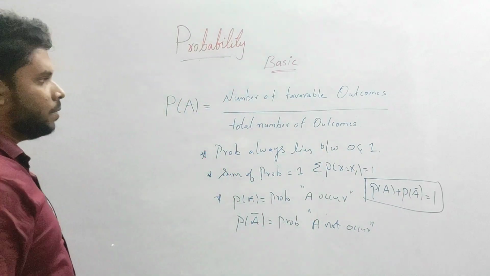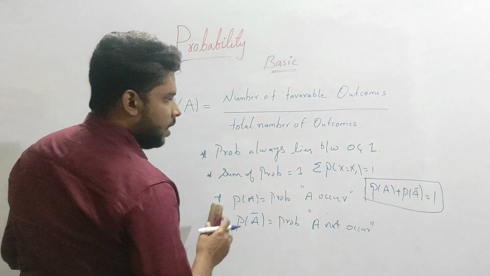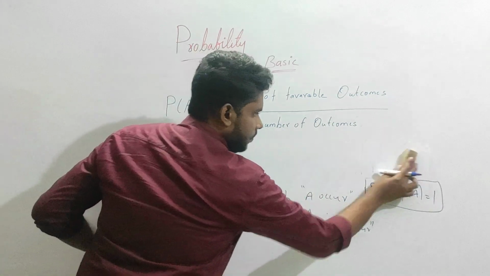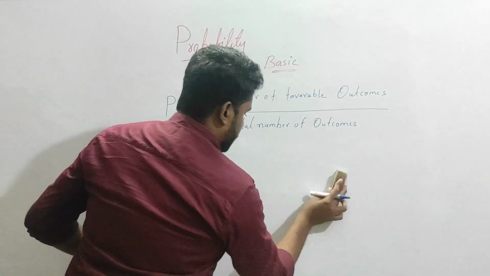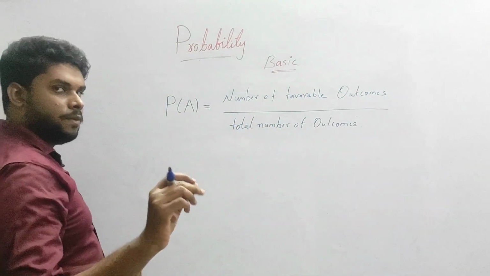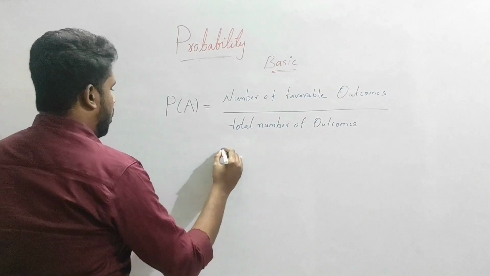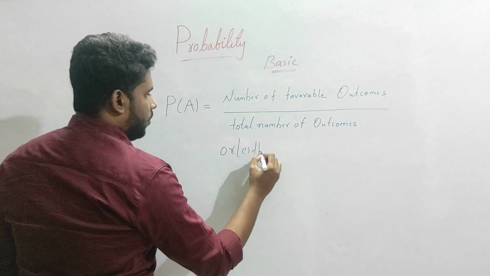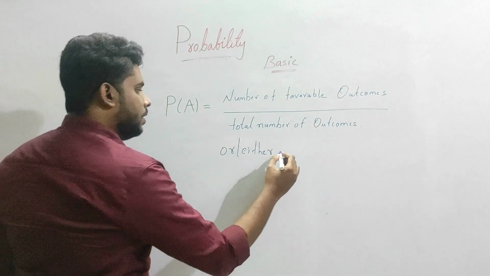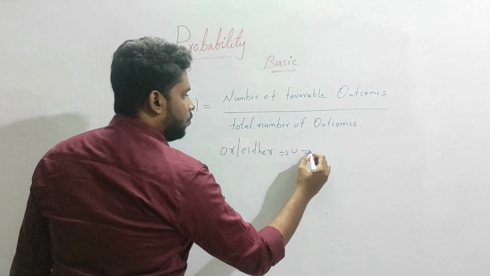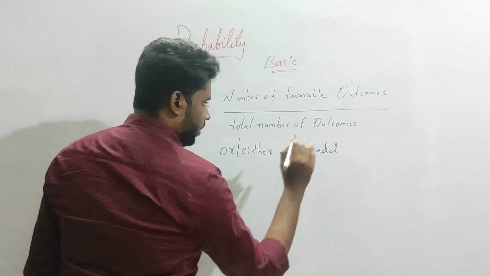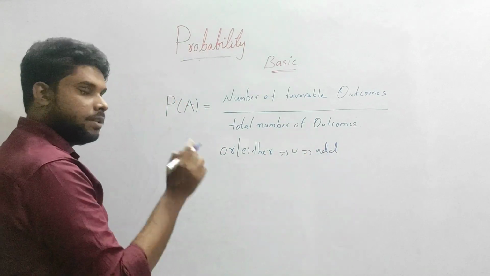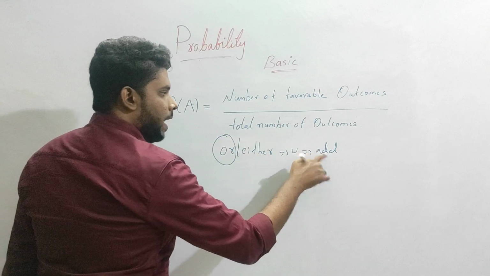Okay, this is about some basics of probability. And one more thing, in questions sometimes we will find 'or' like this, either. For that we have to take the concept of union and we have to add the probabilities. Remember one thing, when 'or' is mentioned in the question, we have to add.